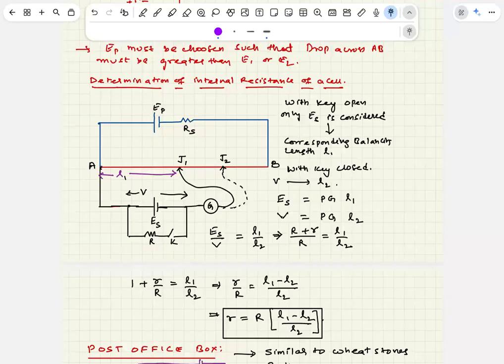Because whether the galvanometer shows zero deflection or not, there is some current that passes through this small loop. And because of which you are measuring potential difference, and that is equal to potential gradient times L2. Of course, L1 will be greater than L2. Here there is a mistake that should be corrected, because this is less. So this is L2, this is L1.